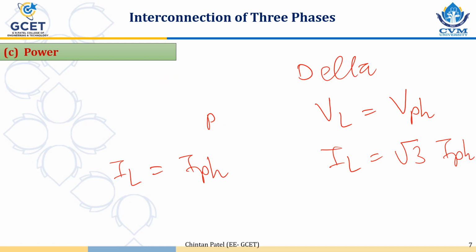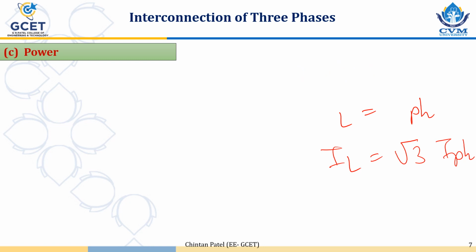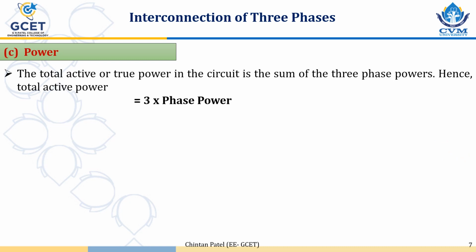Now let's derive the equation for power in three-phase delta connection. The total power is equal to 3 multiplied by phase power. Phase power means the power generated in any phase.